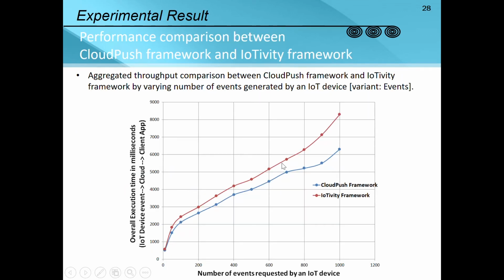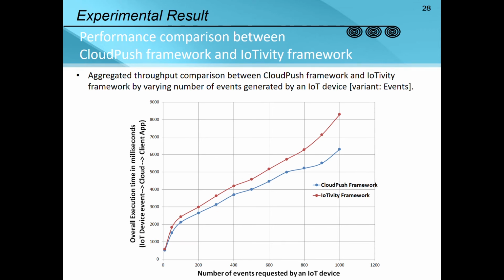Performance comparison between the CloudPush framework and the IoT framework. There are two variants. One, the number of events generated by the IoT device, and two, the number of client application devices that received messages, are considered while comparing aggregated throughput between the CloudPush framework and the IoT framework.